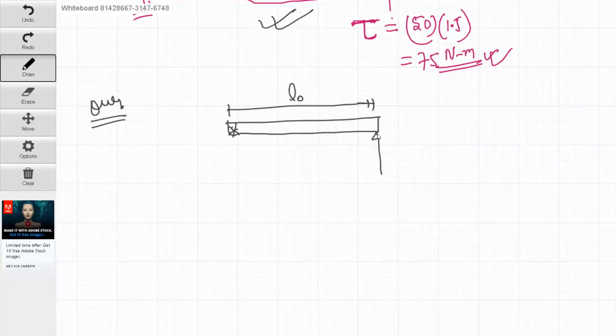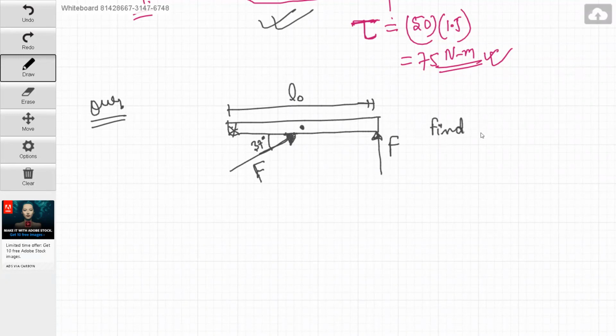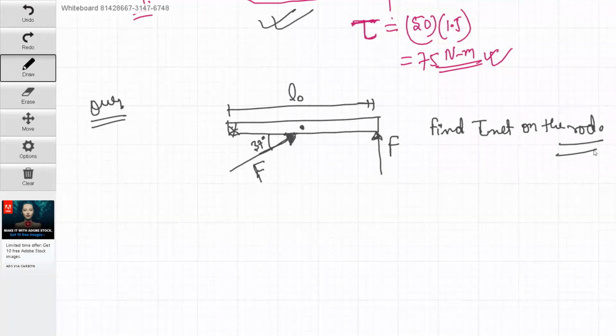One force is acting at this place, that is F. Another force is acting at the center, like this, at an angle of 37 degree, that is also equal to F. Is this all right? Find the net torque on the rod. Net torque acting on the rod. Do it first.